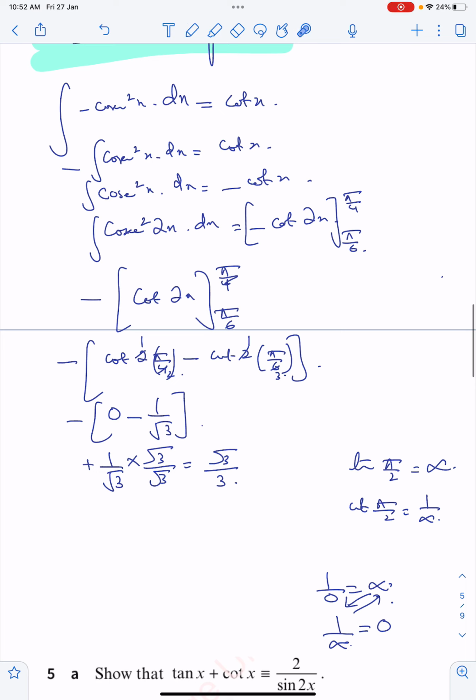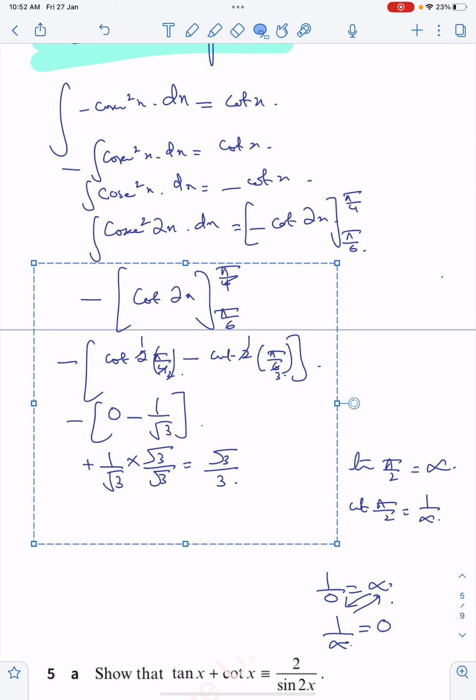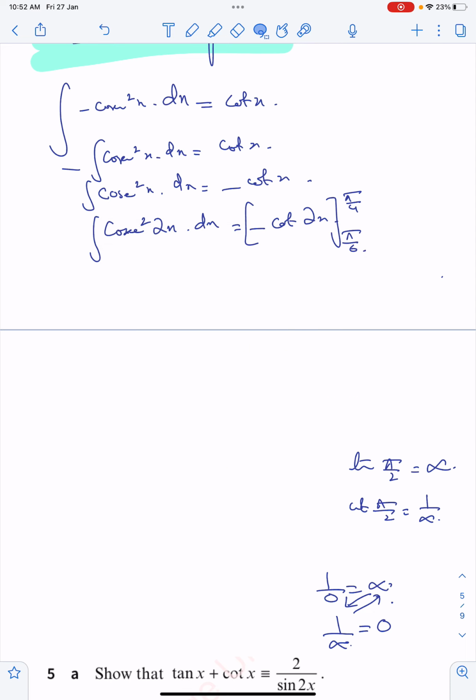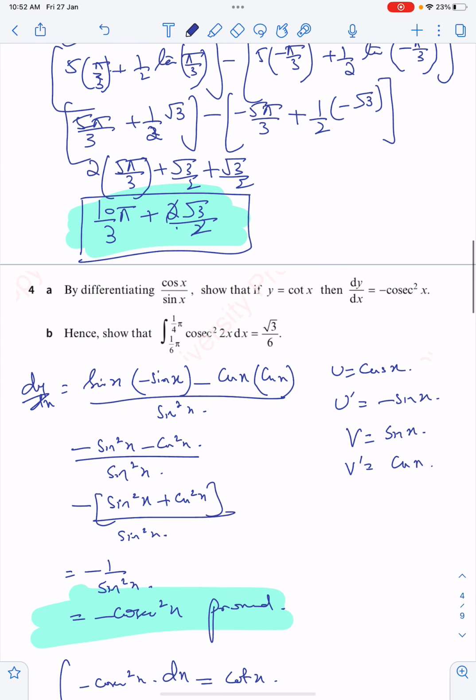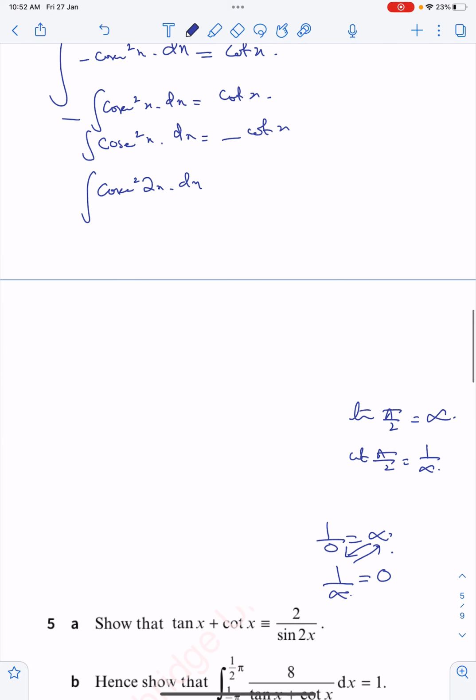The only mistake which I have made here, which I have understood, just hold on, let me correct it very quickly. We had reached this point. Integration of cosec square x should be minus cot x. Now I had to integrate cosec square 2x dx, as per the requirement of the question.